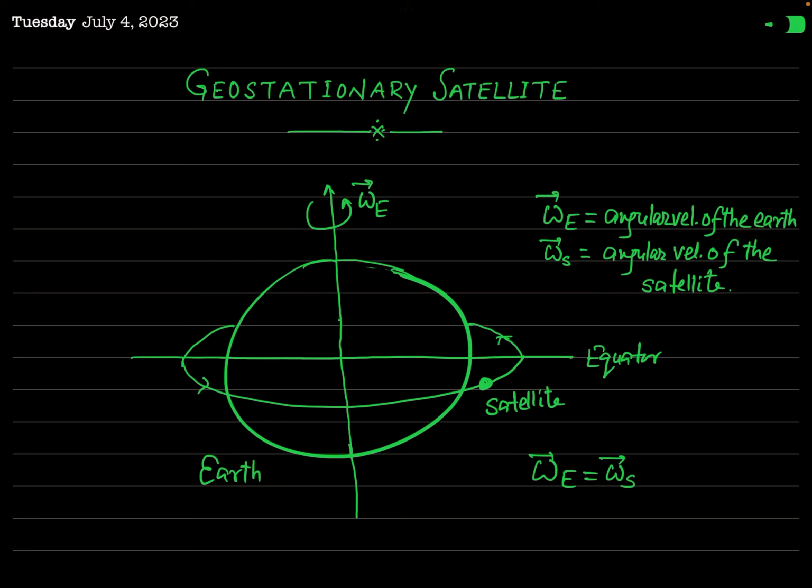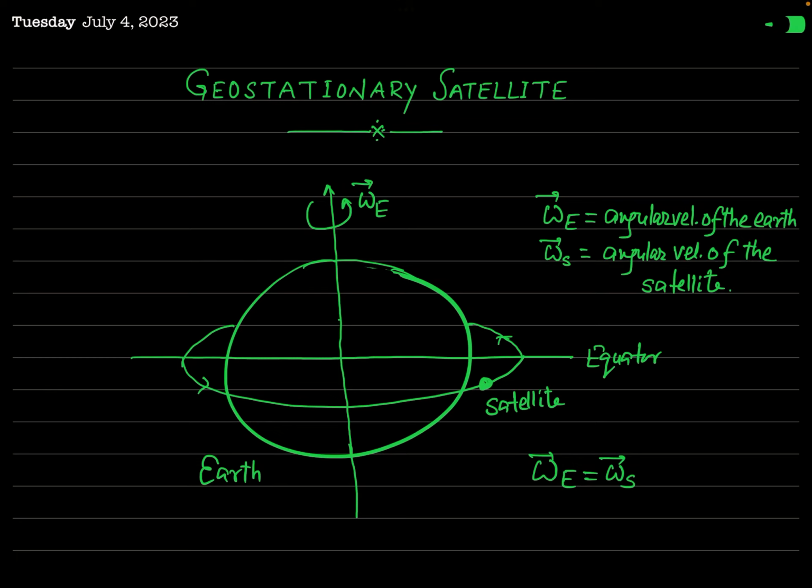Actually, this depends on the height of the satellite, so that this condition will hold. So if the height of an artificial satellite at the equator above the earth's surface is such that its period of revolution is exactly equal to the period of rotation of the earth, then the satellite would appear stationary over a point on Earth's equator.